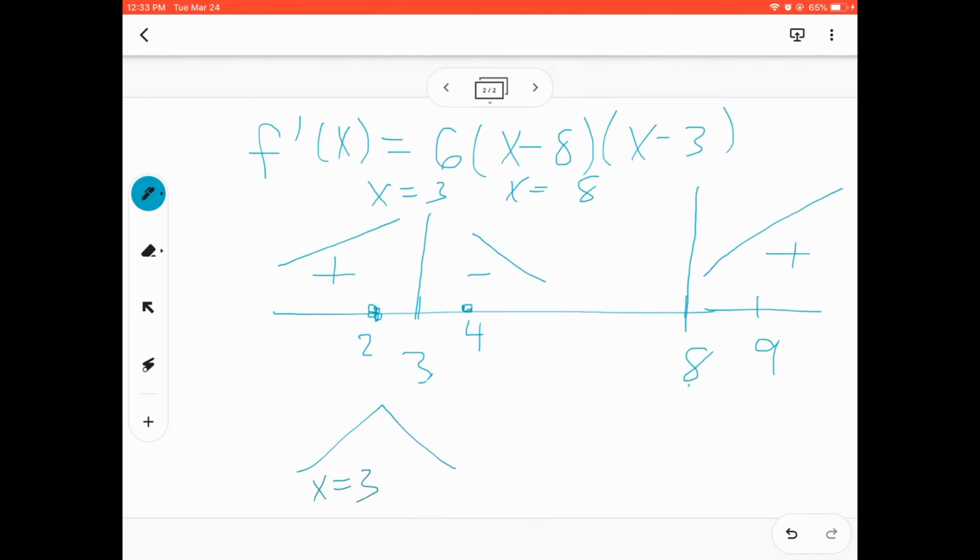And then if you look around 8, we have, again, negative slopes. This whole thing is negative. And to make this a little more clear, draw a negative there. To the left of 8 we have down, and to the right we have up. So we have a max at x equals 8. Or I'm sorry, we have a minimum at x equals 8.